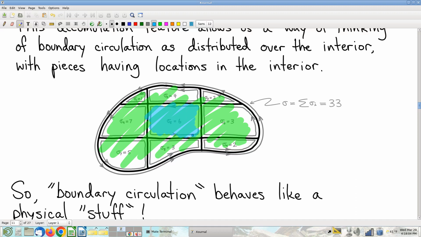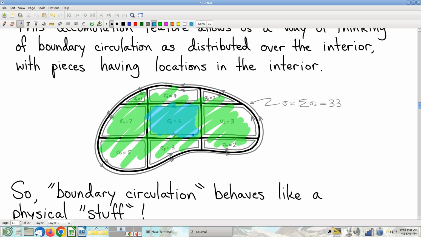Just like with mass, which I think of as associated to the area and distributed over the area, I want to insist that we think of boundary circulation as something we associate to the area, even though it kind of isn't. We want to think of it as being something that is computed for the area. Now, in practice, day in and day out, when you literally compute a boundary circulation, yeah, you go along the perimeter. Of course you do. But that's not the way I want to think about it.